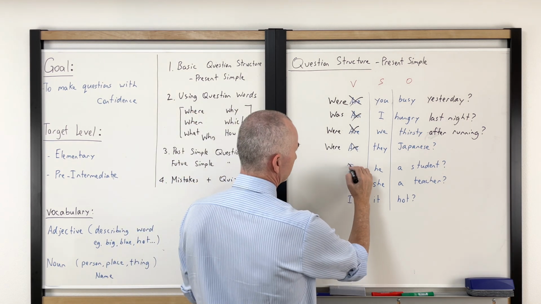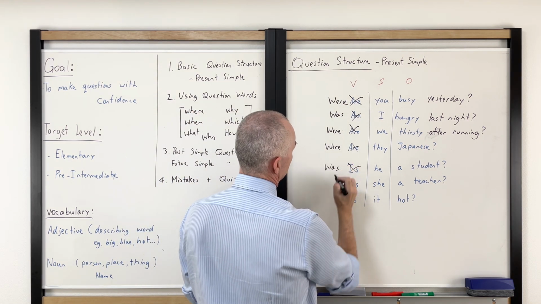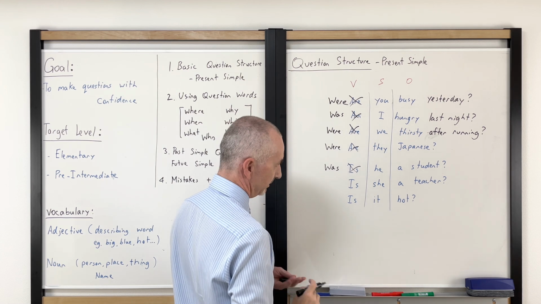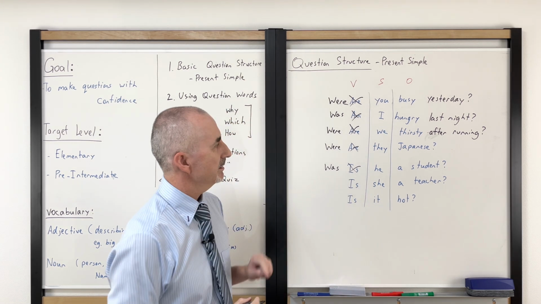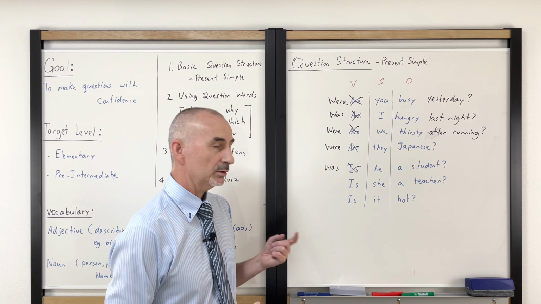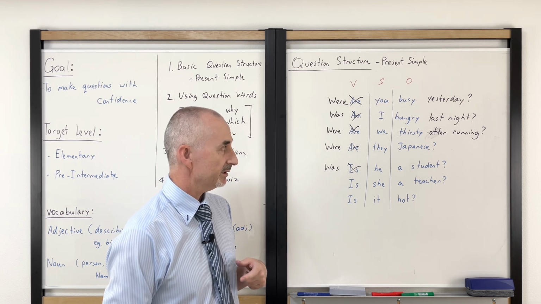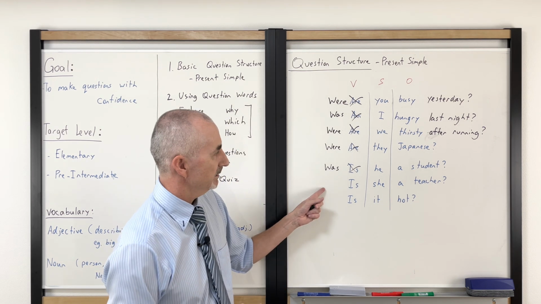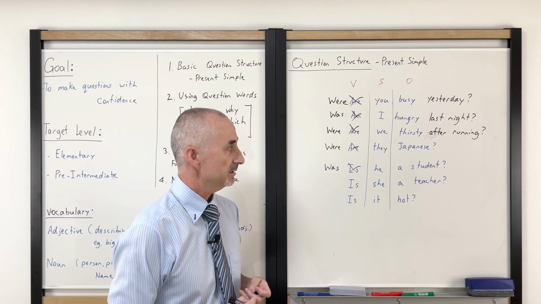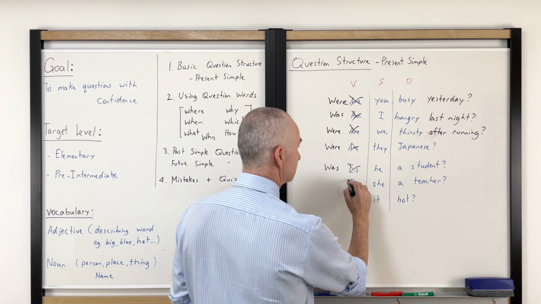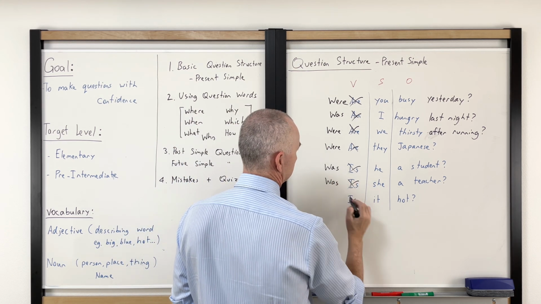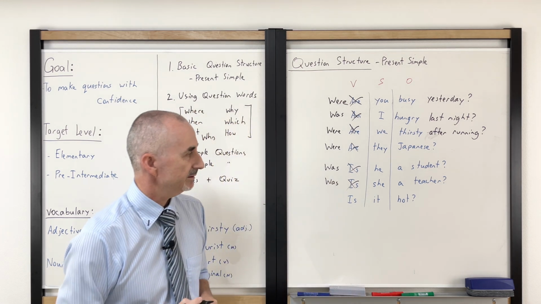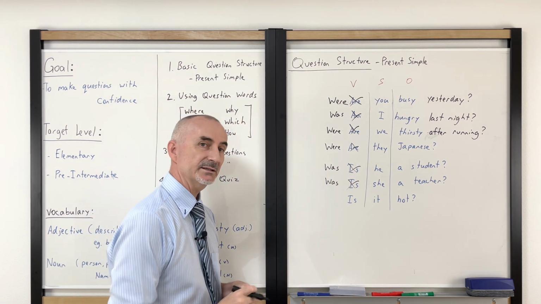Is he a student? Becomes was he a student? That man you talked to this morning, was he a student? That lady you talked to yesterday, was she a teacher? Is it hot today? How about yesterday?